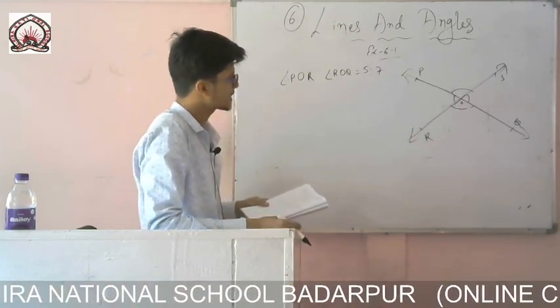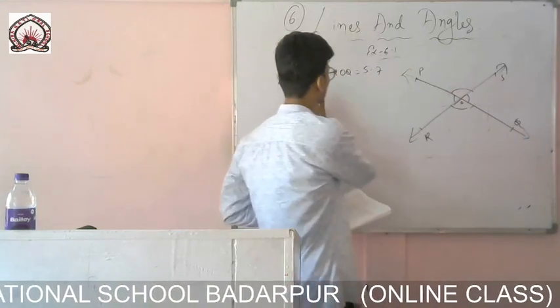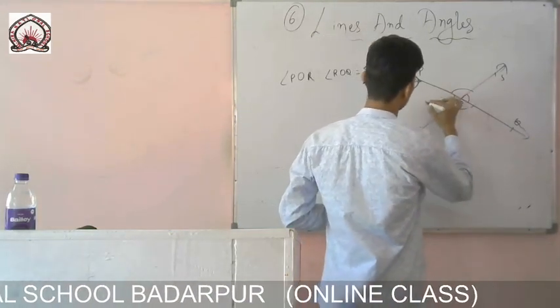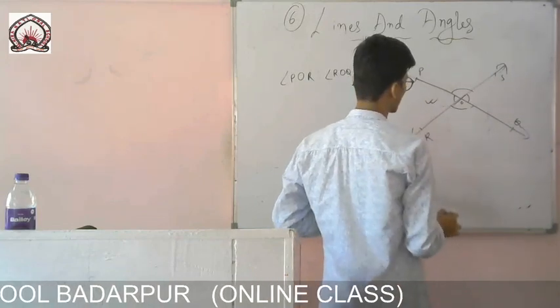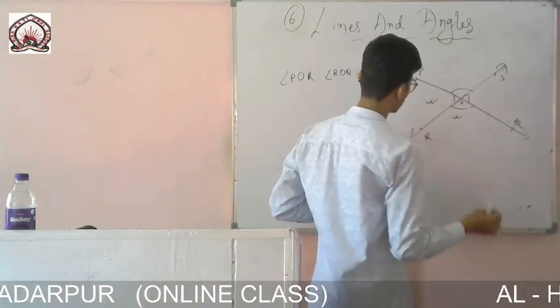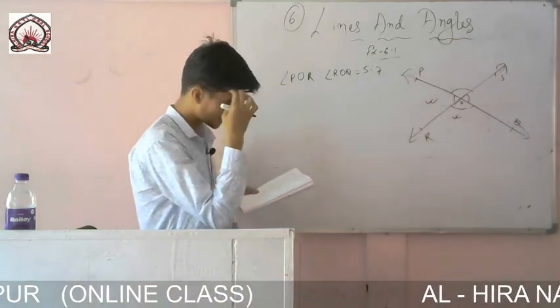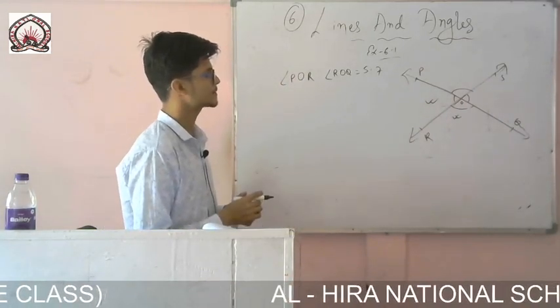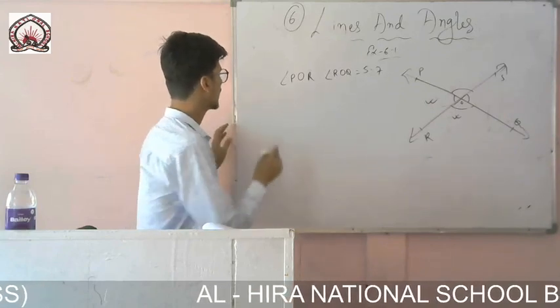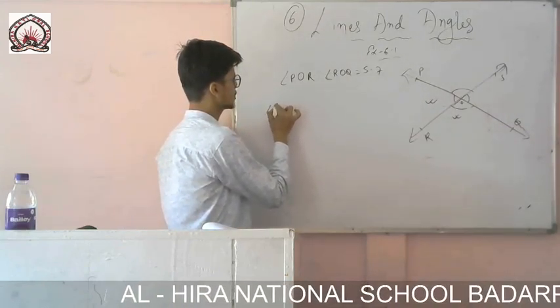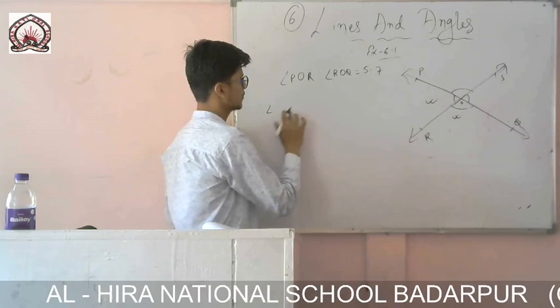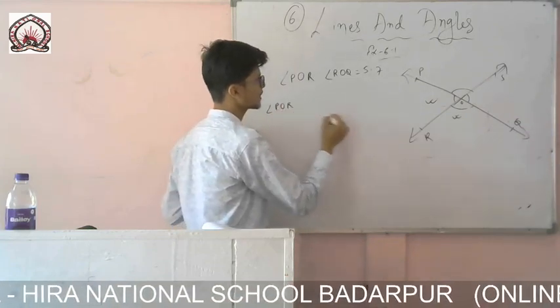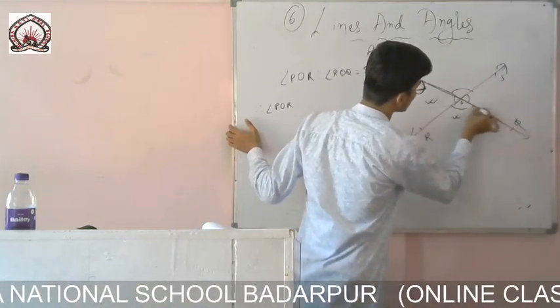So the ratio is given: POR, this one, this angle is to ROQ, this angle is given 5:7. So first of all, I can very easily find the angle. What I have said earlier, in question number 2 I think I have done, one ratio math was given there. Now you see here, what is the sum of this angle?